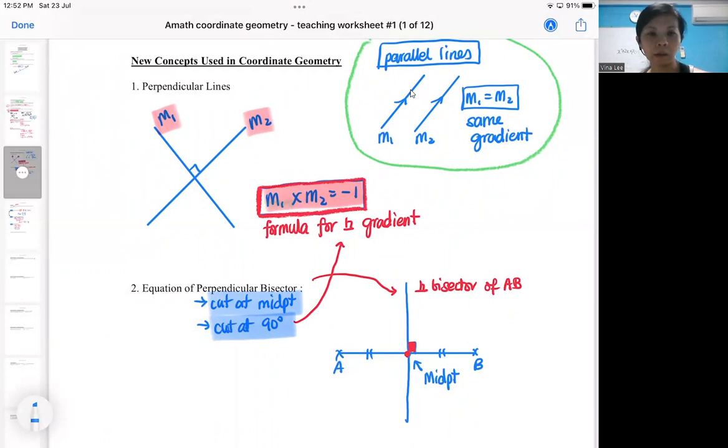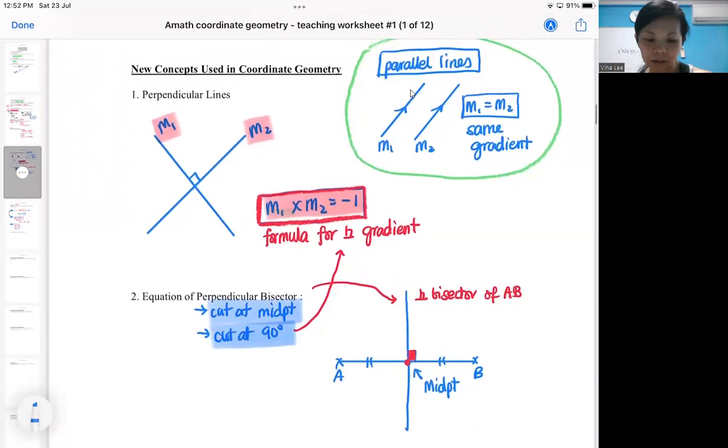So that will be the brand new thing that you will need to start off with perpendicular bisector for A-math coordinate geometry. This perpendicular bisector will also be very important in A-math circles. There's some property that involves perpendicular bisector in A-math circles. So this will be the basic introduction first.